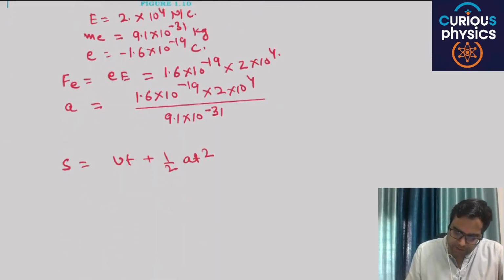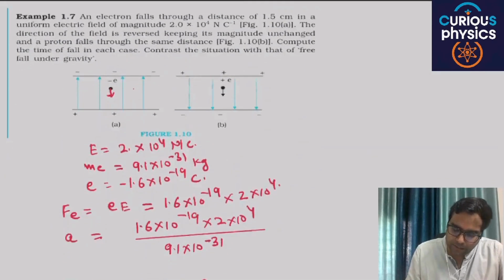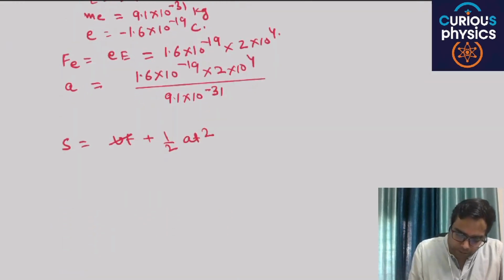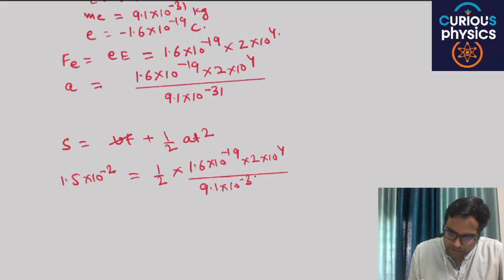The value of s is 1.5 centimeter, that is 1.5 into 10 raised to power minus 2 meters, equals half a t squared, with a equal to 1.6 into 10 raised to power minus 19 into 2 into 10 raised to power 4 divided by 9.1 into 10 raised to power minus 31.